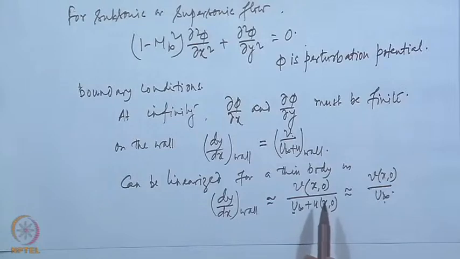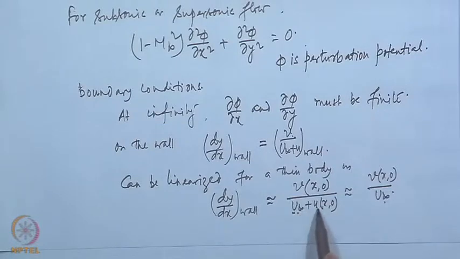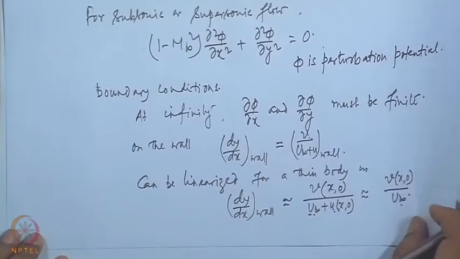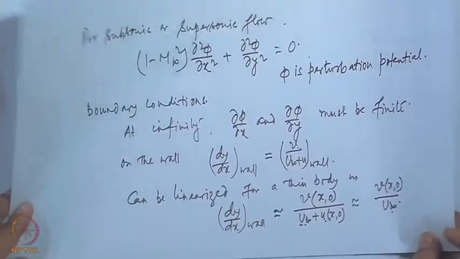So, here there are two assumptions involved. One, that the v component and u component of velocity on the body are same or very close to the velocity at y equal to 0, and then the sum of u infinity and perturbation along x is very close to u infinity itself. Both these assumptions are consistent with first order perturbation theory and are acceptable.